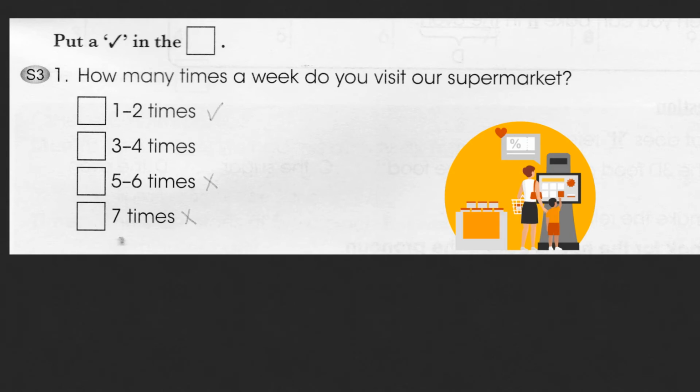That's why I'm going to put a tick next to the first option. Then I will confirm my answer when I listen to the recording. Using the process of elimination not only saves time, it greatly increases your likelihood of selecting the correct answer.